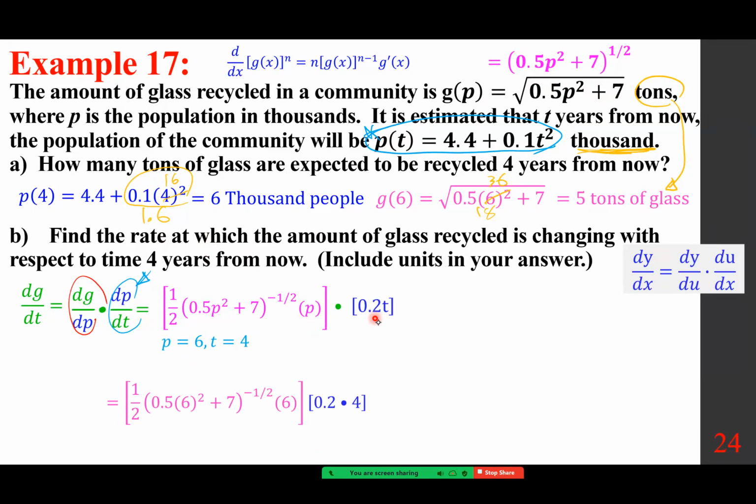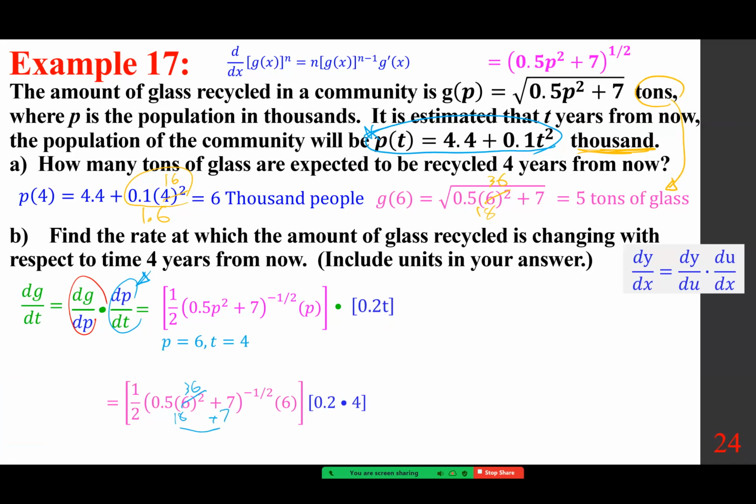So let's see what happens. This is 1/2, remains. This one, everybody, is 36 times 0.5, half of 36, 18 with 7.